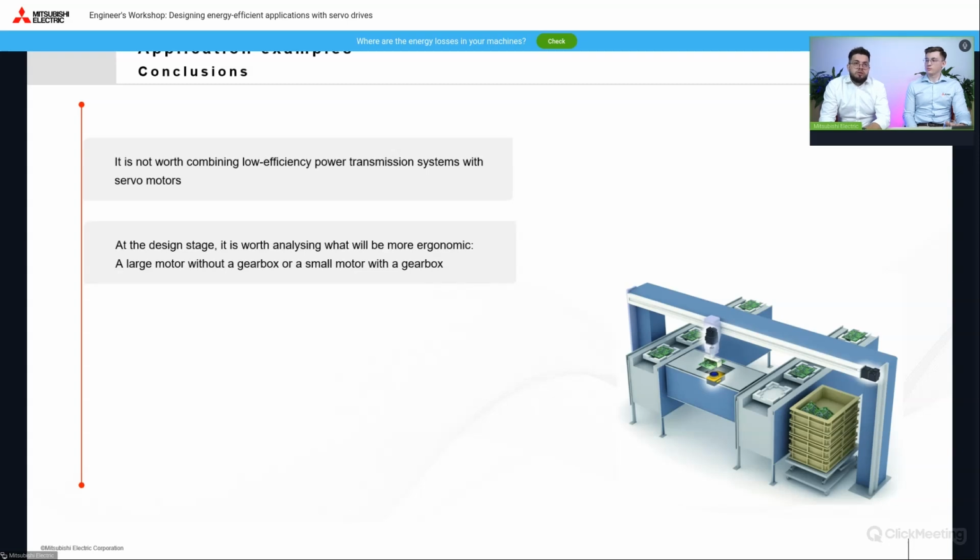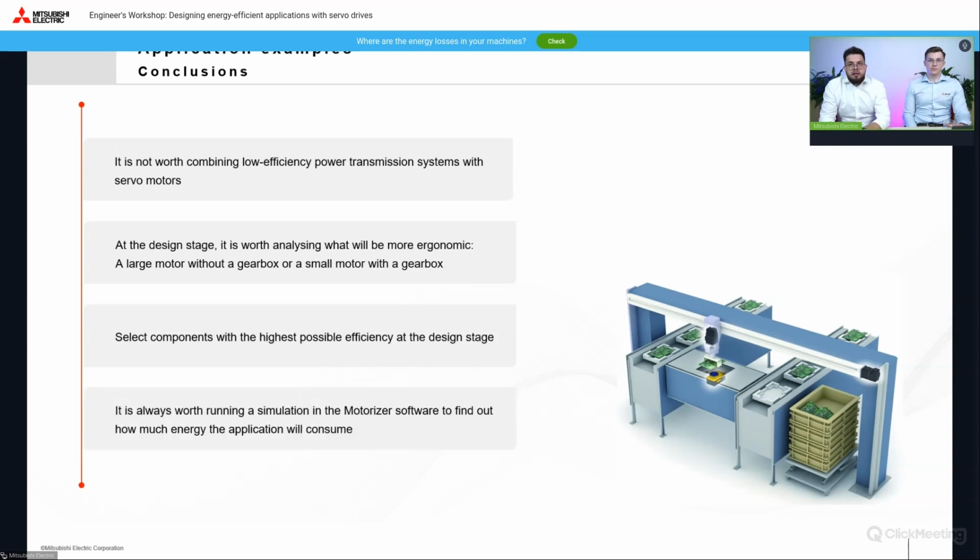Of course, sometimes a motor with a gearbox is the best option, but the question is whether this is always the case. It's advisable to choose components with the highest possible efficiency, especially the mechanical components. And it is always worth performing a system calculation and comparing the results in our software. Yes, this is true, and especially the last one.